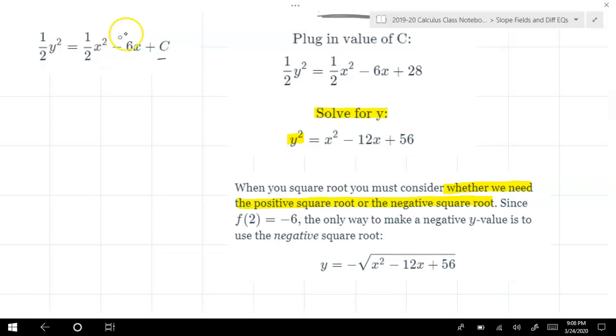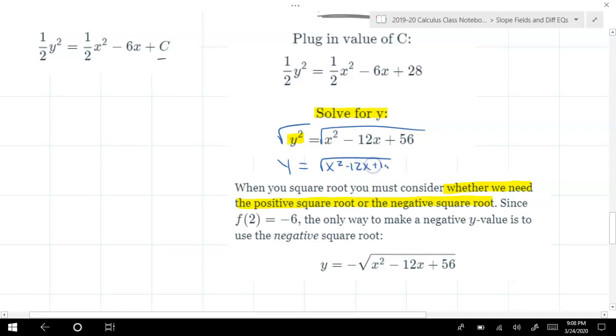So, from here, if we take the square root of both sides, then y equals the positive square root of x squared minus 12x plus 56, and the negative square root of x squared minus 12x plus 56.